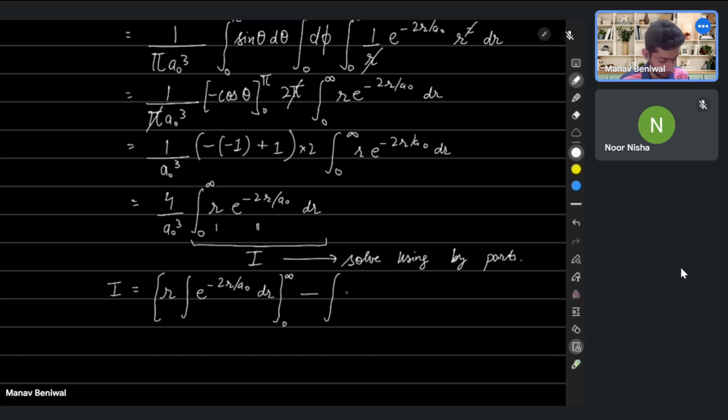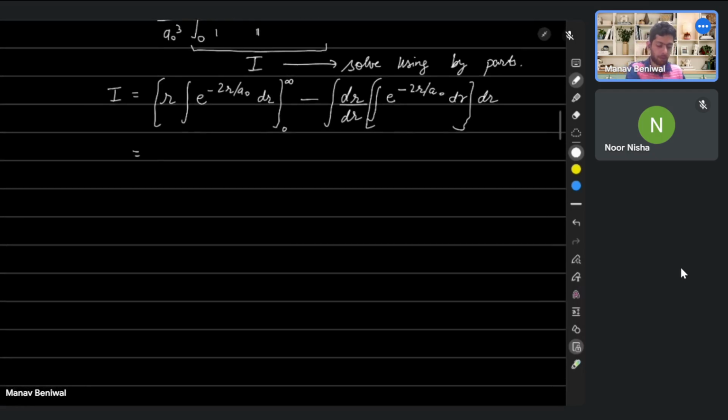So differentiation of first function will give us 1, times integration of second function, and then we have a dr.